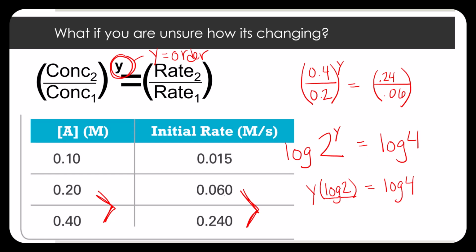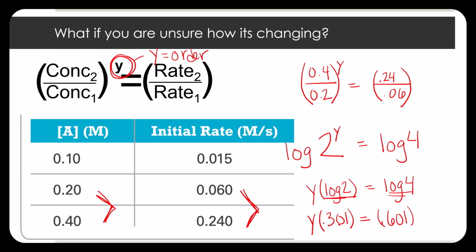Now I simply plug this and this into my calculator. So y times, in my calculator I'm typing log 2, and that is 0.301. And now in my calculator I'm typing log 4, and that is 0.601.